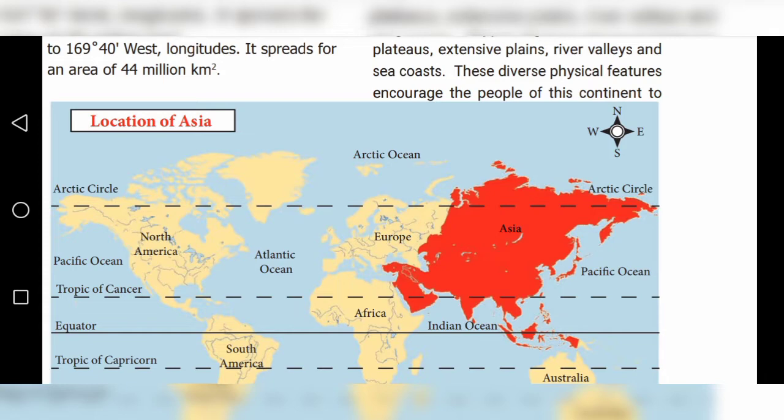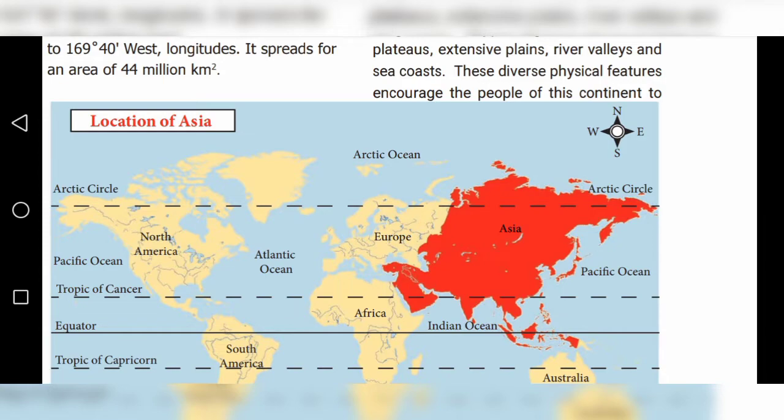And why should we read about Europe? Because Europe is our neighboring continent. So this is the reason to study the Asia and Europe continents.